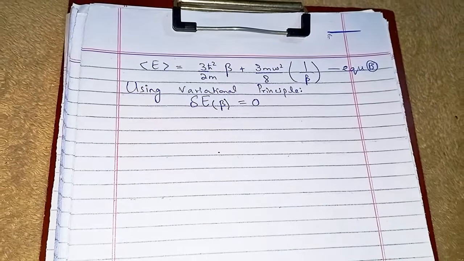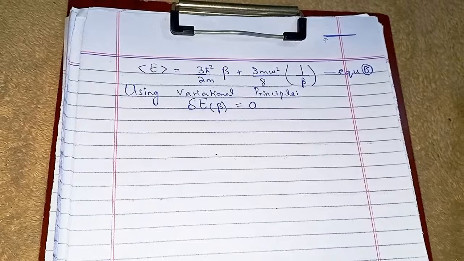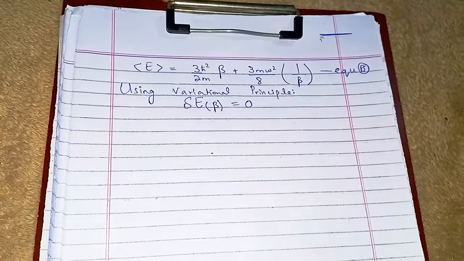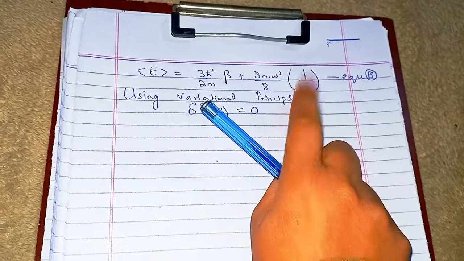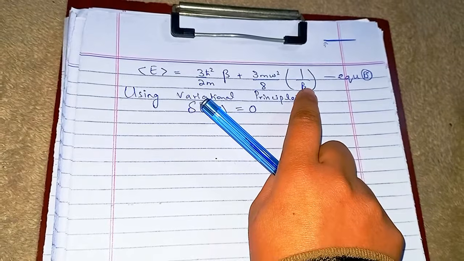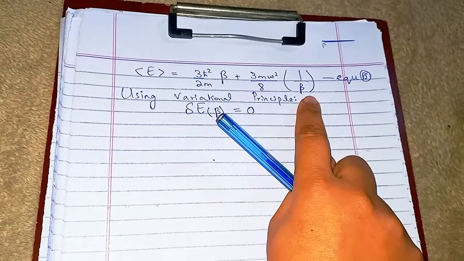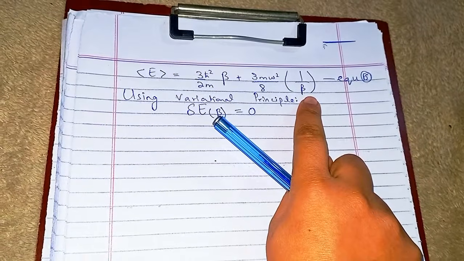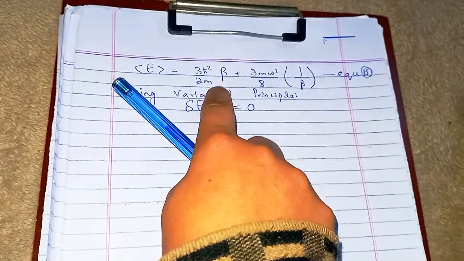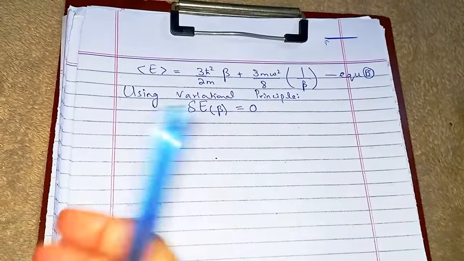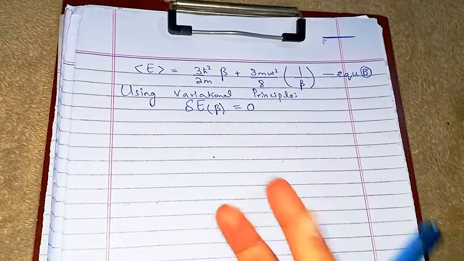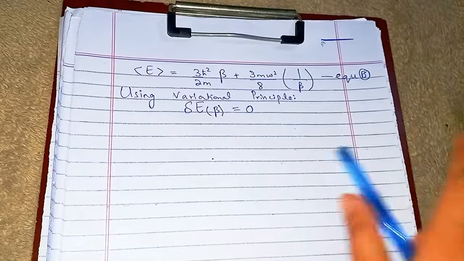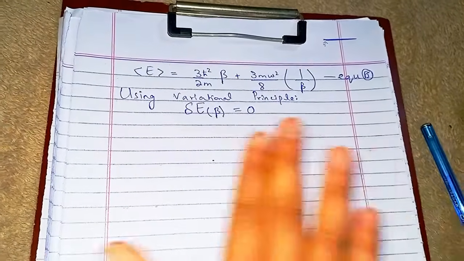After that, we calculated the expectation value of energy and got to this result. We can see that beta is here, and beta is an adjustable parameter that the variational principle has to tell us what to put in here, because it's not specifically defined yet, so we have to define it.